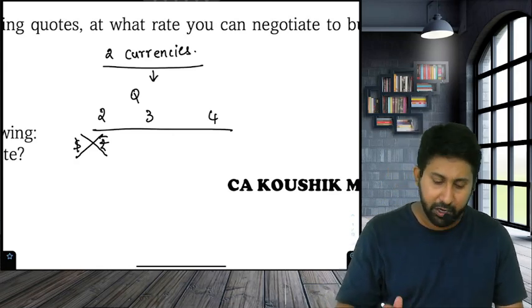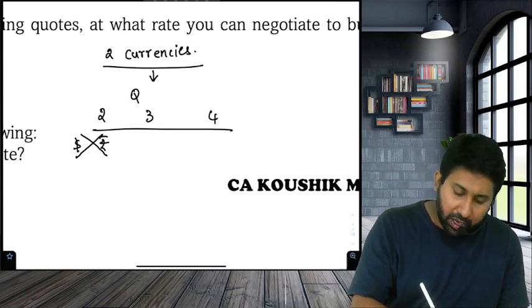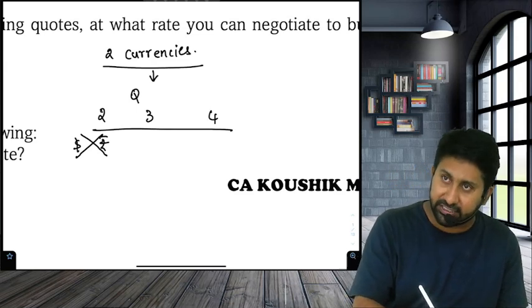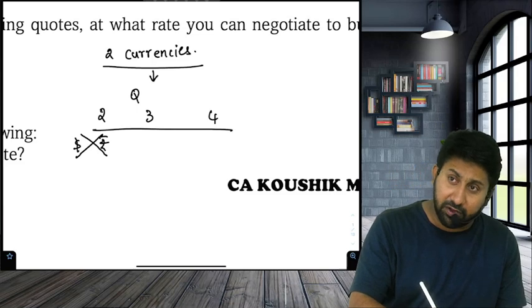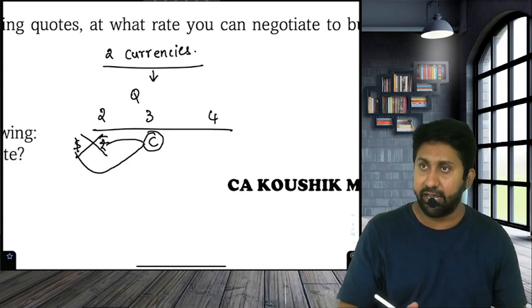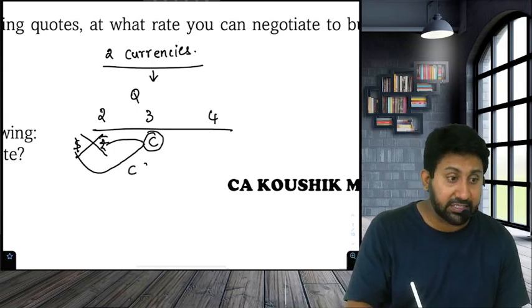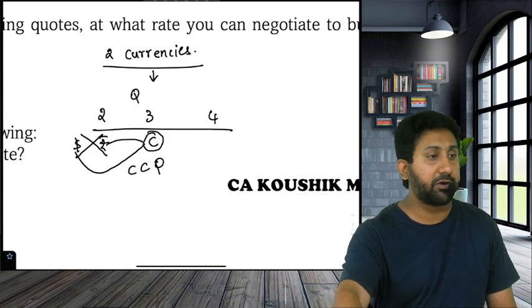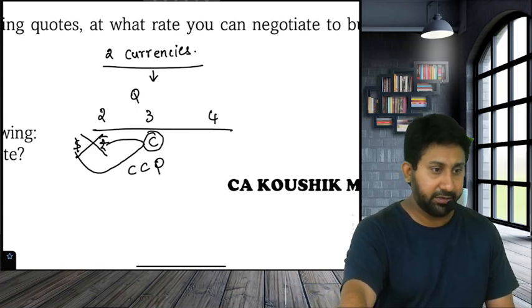Am I clear? So when two currencies are not quoted against each other, but individually each currency is quoted against one common third currency, in that case we can calculate a cross currency quotation.